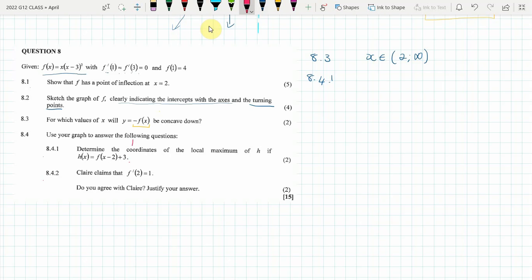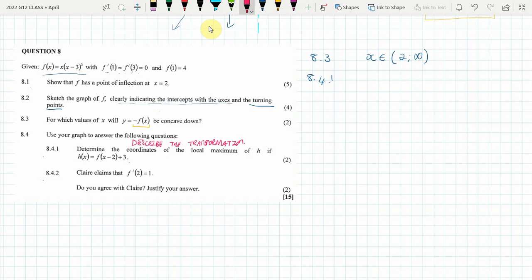Remember, I first asked you to describe the transformation. It's not what the question was asking, but I'm adding on to this. First, describe this transformation, and then try to determine the coordinates of a local maximum of h.